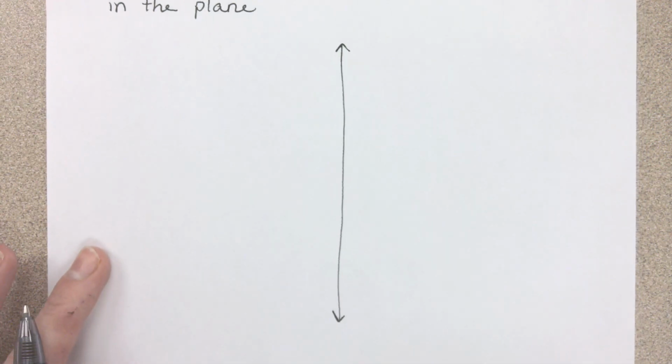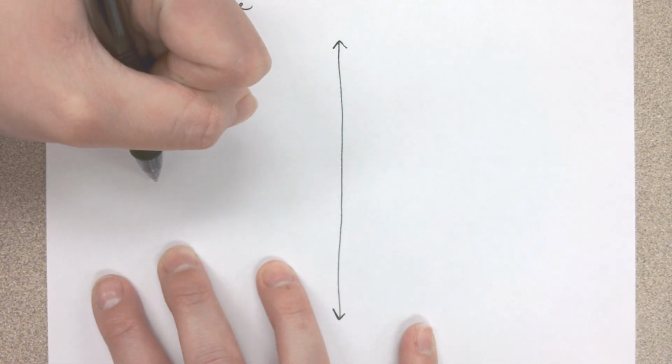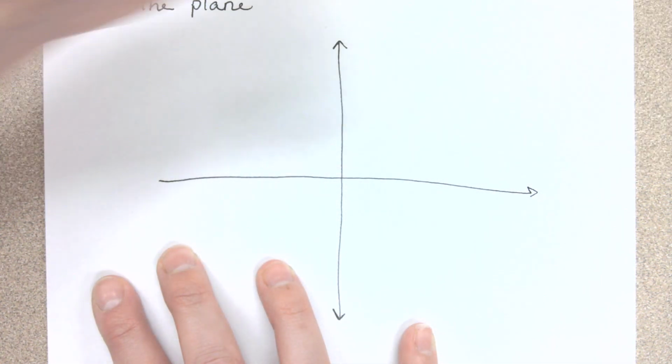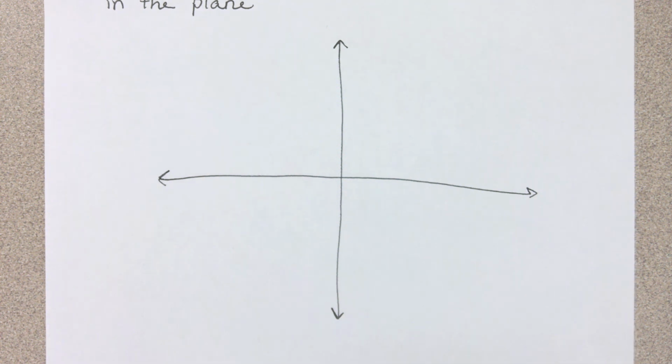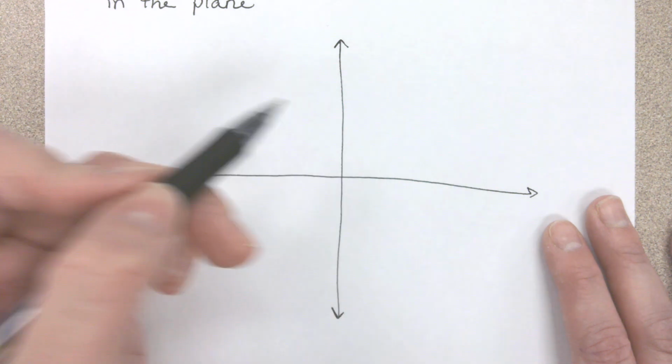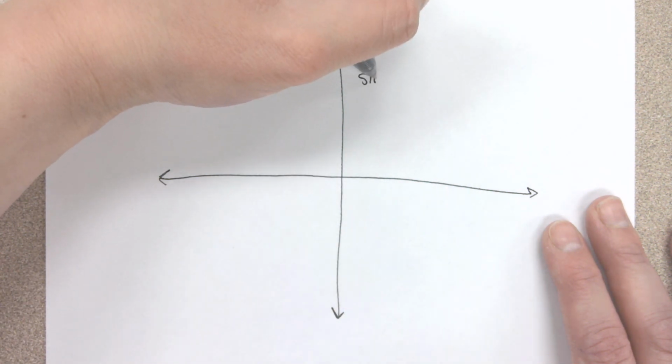So let's sketch our plane here. I'm going to make it quite large. In each quadrant, write sine, cosine, tangent.